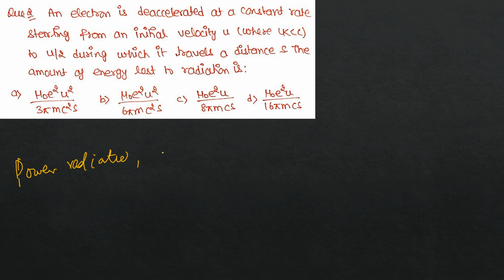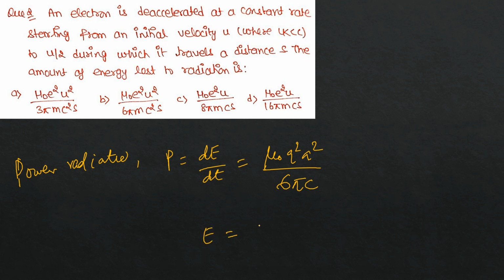P is equal to dE by dt, the rate of change of energy, which is equal to mu naught q square a square by 6 pi c. So E is equal to mu naught q square a square by 6 pi c times dt. That means t, if you integrate it.